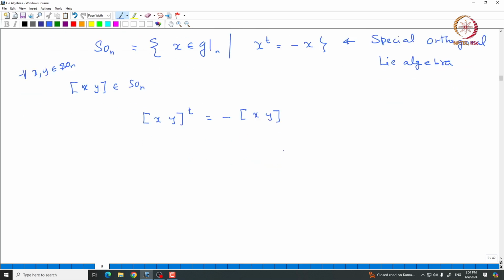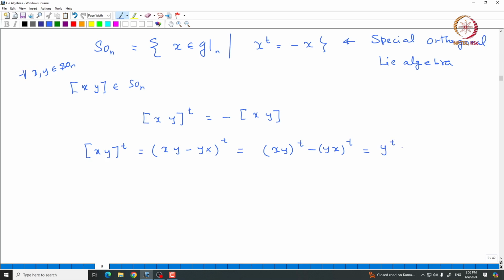So, let us check this. The bracket [X,Y] transpose is going to be (XY minus YX) transpose, which is just (XY) transpose minus (YX) transpose, because transpose is linear, and (AB) transpose is B transpose A transpose.